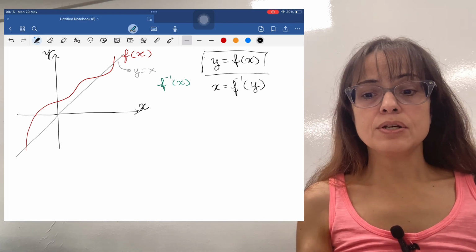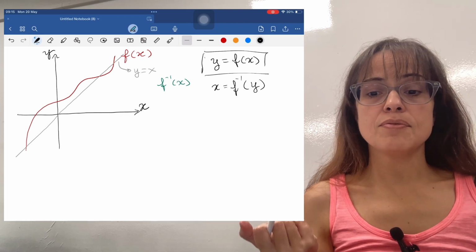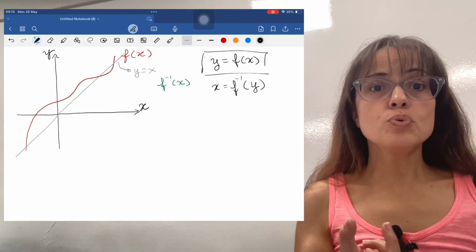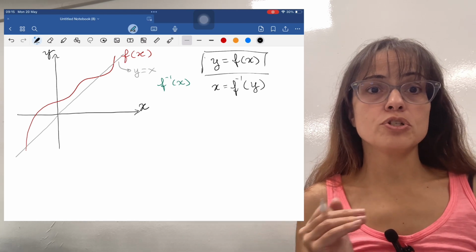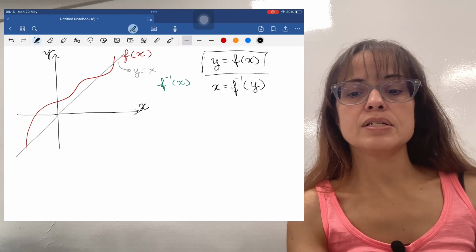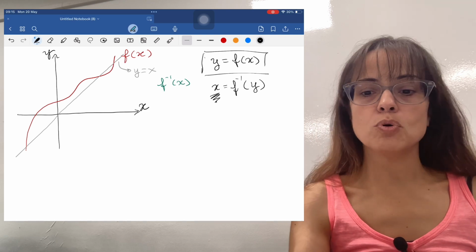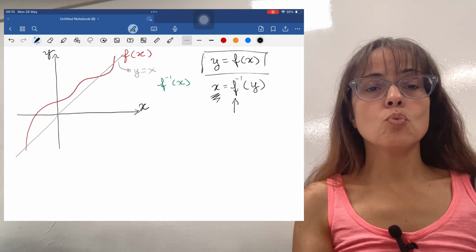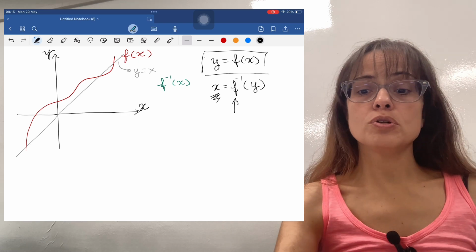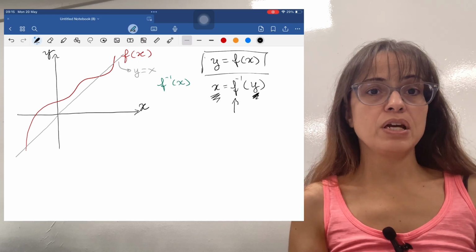So graphically, what that means is that the inverse function switches the role of x and y. So where x was horizontal, it's going to become vertical because it is now the dependent variable of this new function that we're making. And the y variable is going to become horizontal because it is now the independent variable.